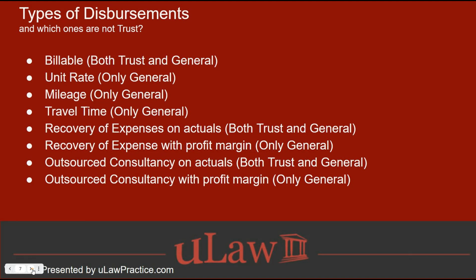But in general, a rule to keep in mind: if your recovery of the expense of that particular disbursement is on the actuals, right? So you paid $250 and you're recovering $250 from the client, not a cent more or less, then of course the trust account is a great example of utilizing for the disbursement.